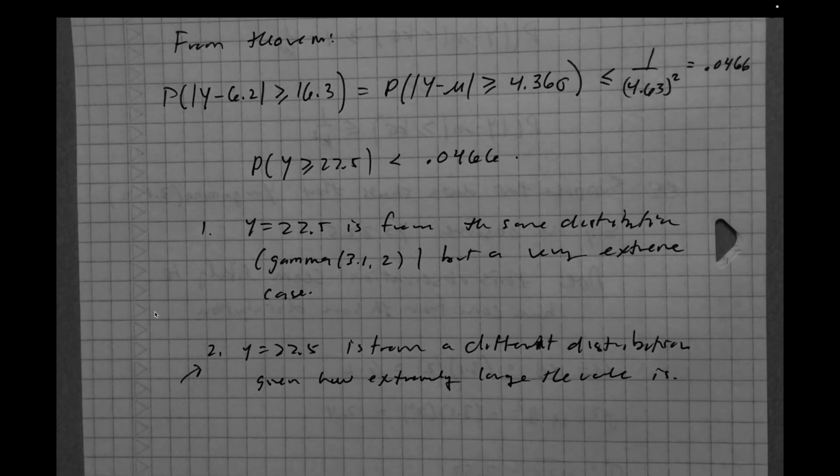Do I have a new person on staff? Maybe I've hired somebody with less experience. If that's the case, then my distribution has changed, right? And this observation is going to be a clue that I might need to adjust my distribution. So maybe instead of a gamma 3.1 and 2, my distribution changes to a gamma with 4.62 or something, whatever happens to be the case.